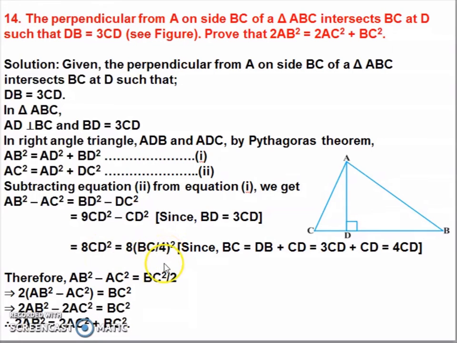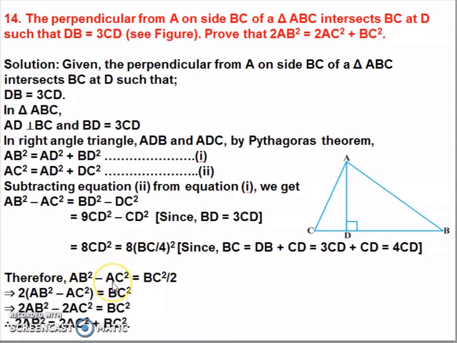Now, why BC by 4 the whole square? BC can be written as CD plus BD. Now, BD can be written as 3 times CD. So, CD plus 3 CD is 4 CD. So, 8 into BC by 4 the whole square.